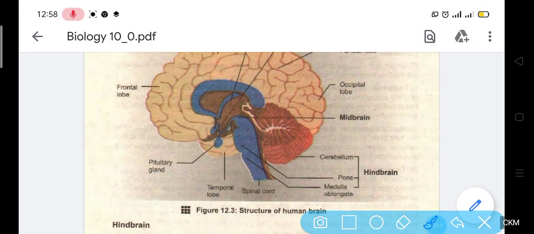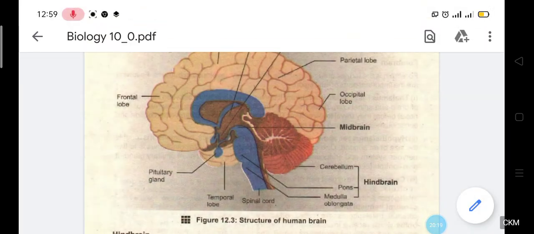The next part of the brain is the midbrain. The midbrain lies between the hindbrain and the forebrain. It connects the hindbrain and the forebrain. Basically, the midbrain receives the information from the hindbrain and passes it on to a specific part of the forebrain.